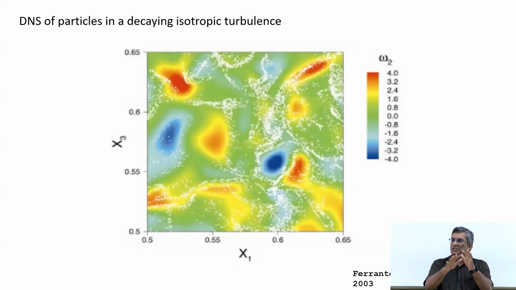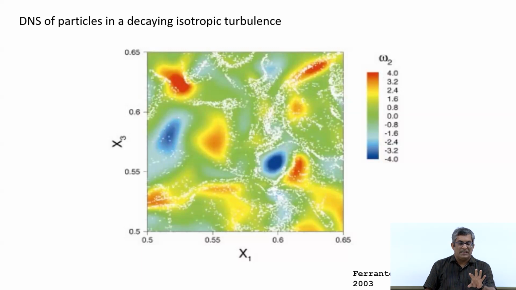See, in experiments we use, let us say, multiple fans which are in opposite directions to generate homogeneous isotropic turbulence. But in numerical simulation you do not have that. So, an extra forcing term is added to the Navier-Stokes equation without particles to sustain turbulence.